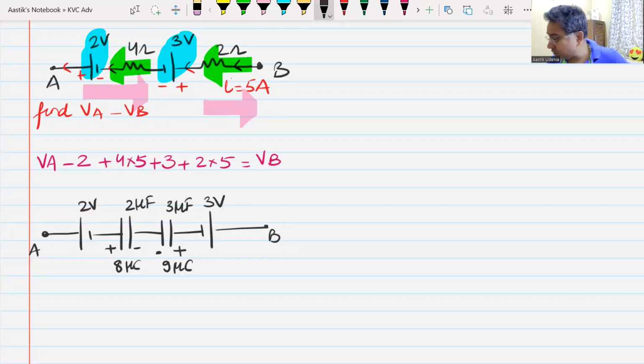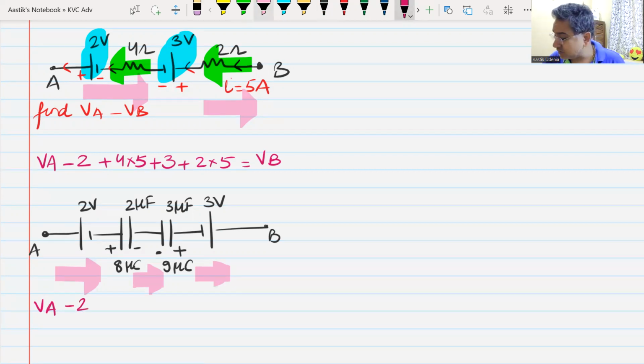So how are we supposed to do this? I will be moving like this from A to B. Start from point A, potential is VA. Then I move across the battery. Is it a rise or a drop? Drop, sir. How much is the drop? 2 volts, so it is -2.